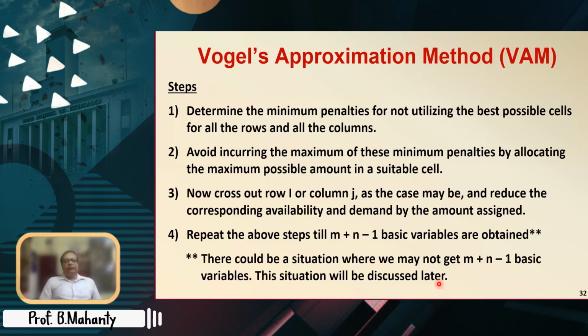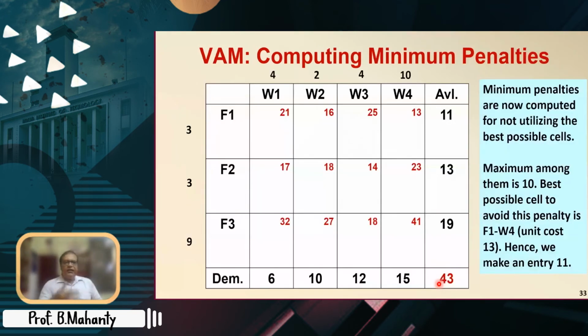So what happens in Vogel's approximation method? We find the minimum penalties, and after finding them, we find out the maximum of these minimum penalties and make some entry so that this maximum is avoided. Is it all right?